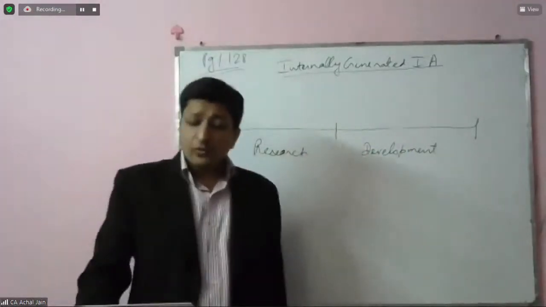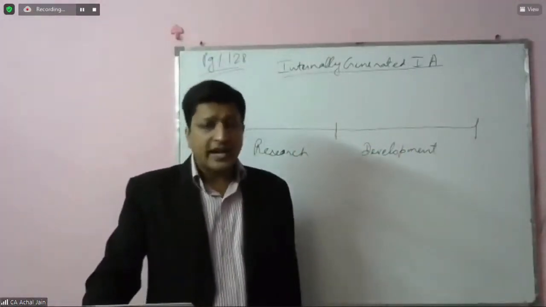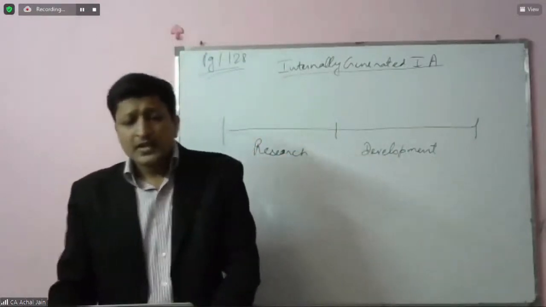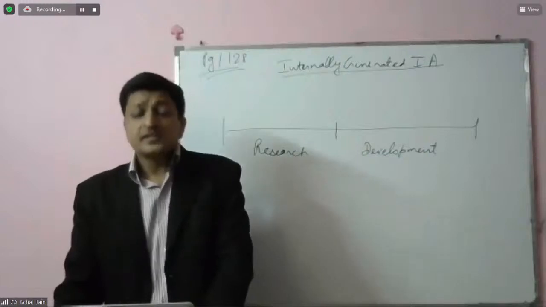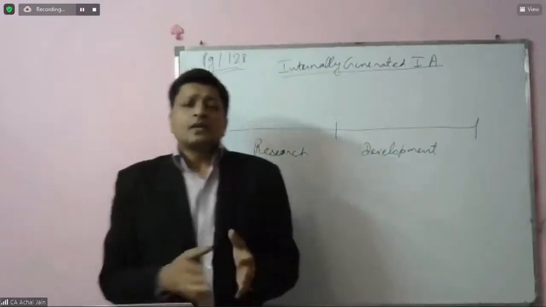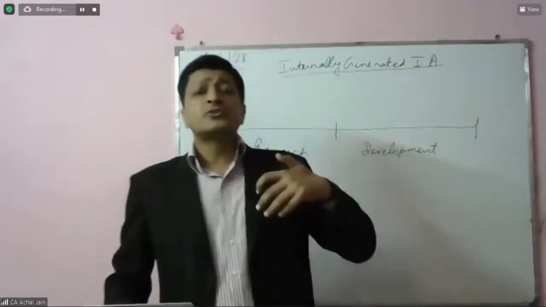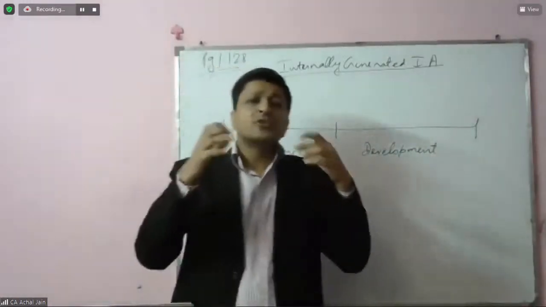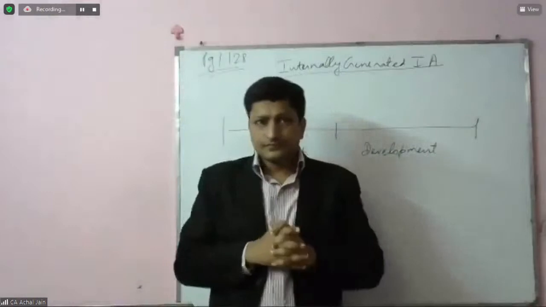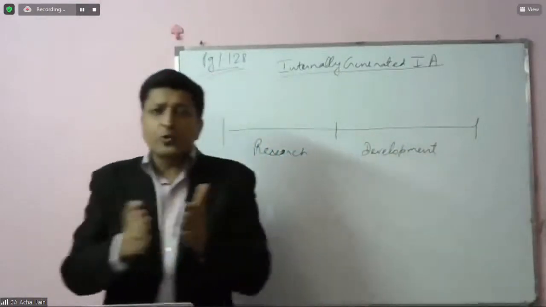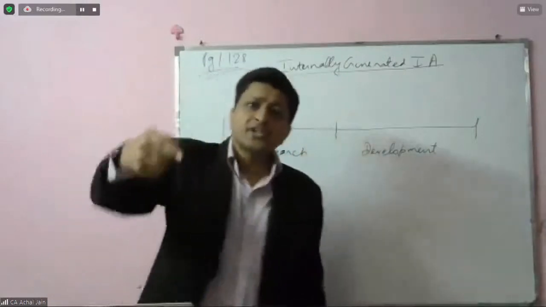So let us now try to understand research and development. The standard says that till the time an intangible asset is not actually generated, till the time it has not actually become an intangible asset, a process must be going on for generation.